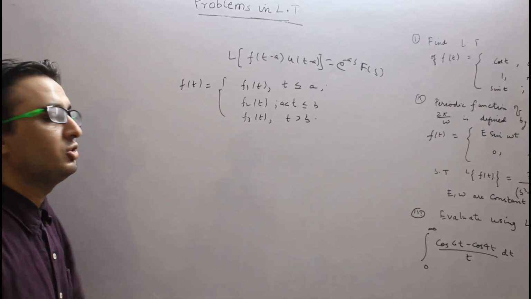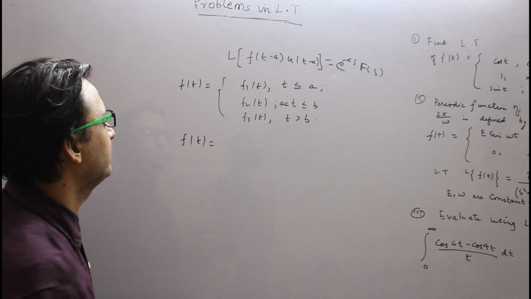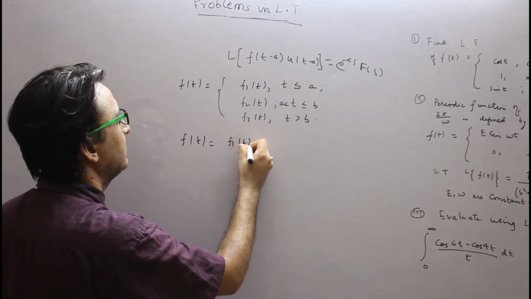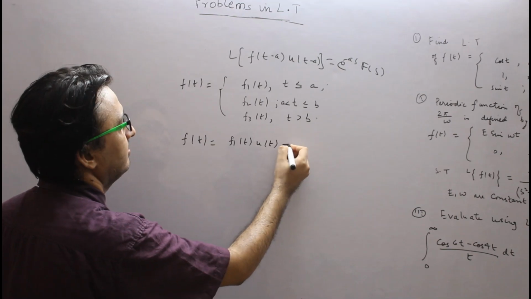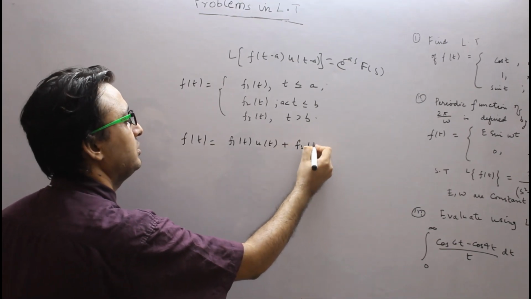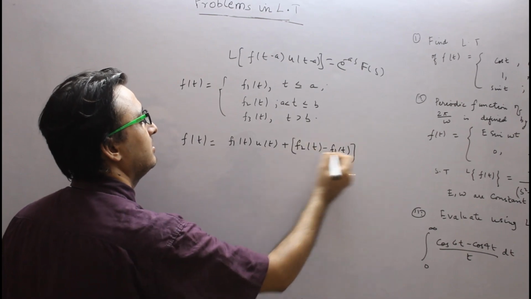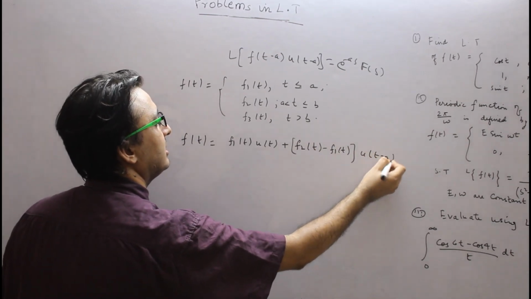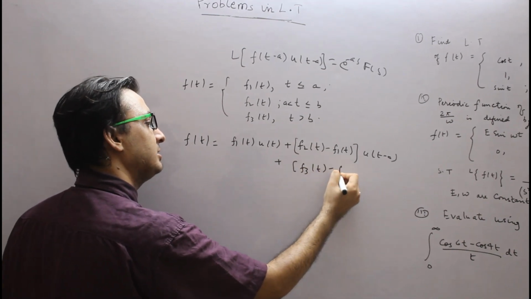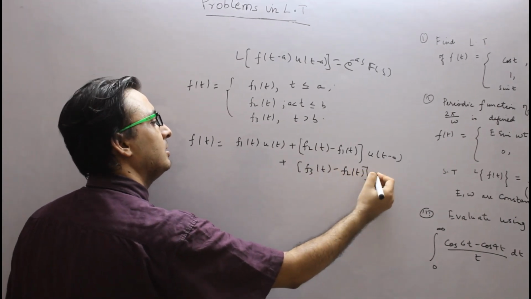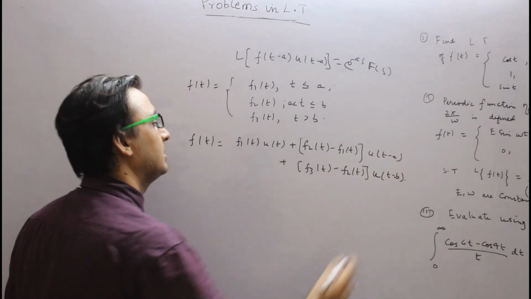We can write this function as f(t) is equal to f1(t) u(t) plus [f2(t) minus f1(t)] u(t minus a) plus [f3(t) minus f2(t)] u(t minus b).